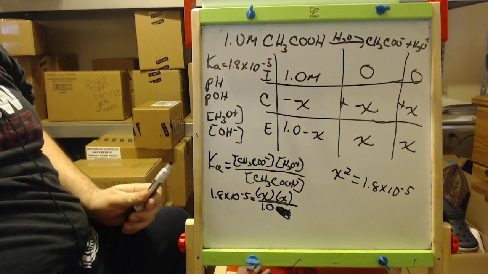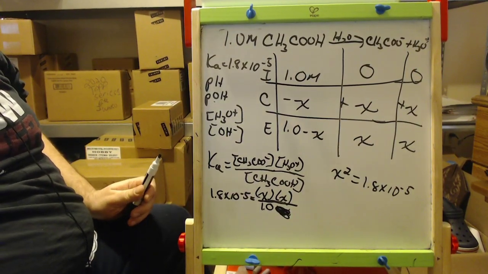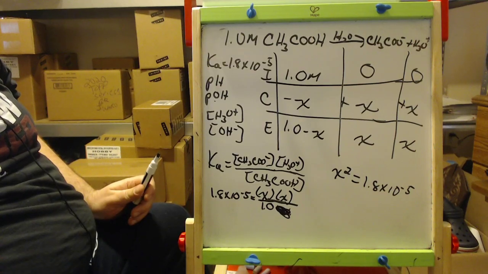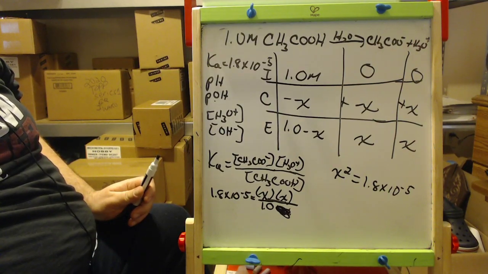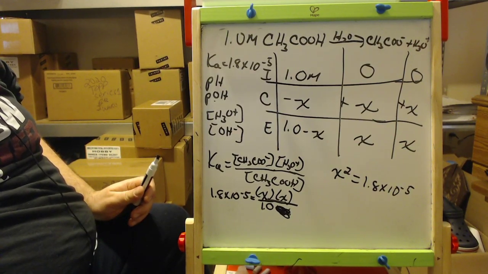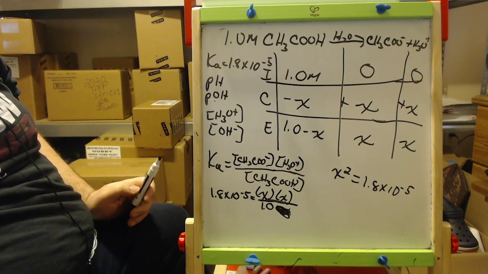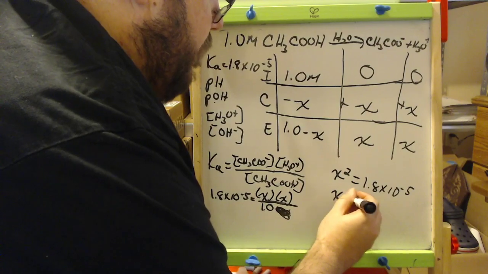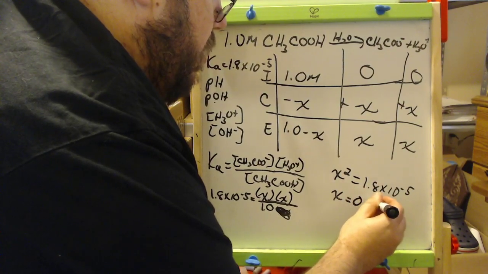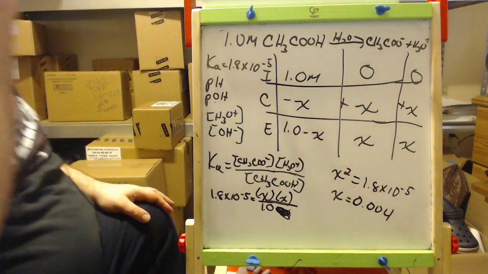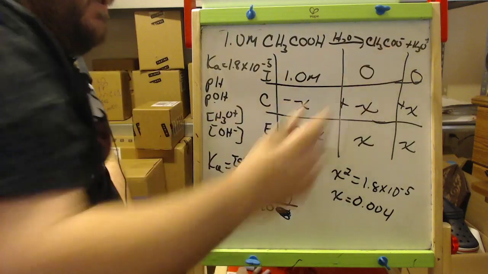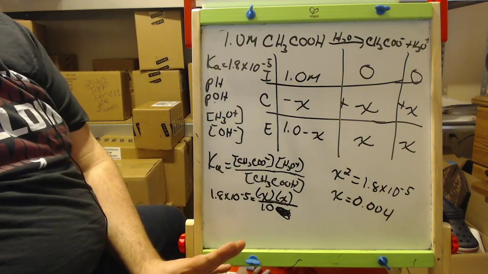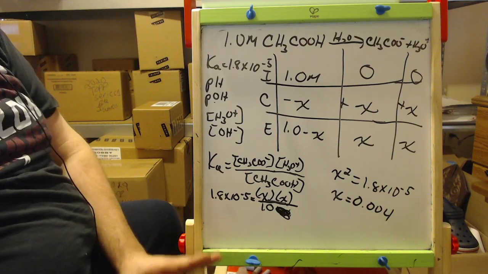If we do that math, take the square root of 1.8 times 10 to the negative 5, I get x equals 0.004, which would be the concentration of hydronium, as long as the 5% check checks out.